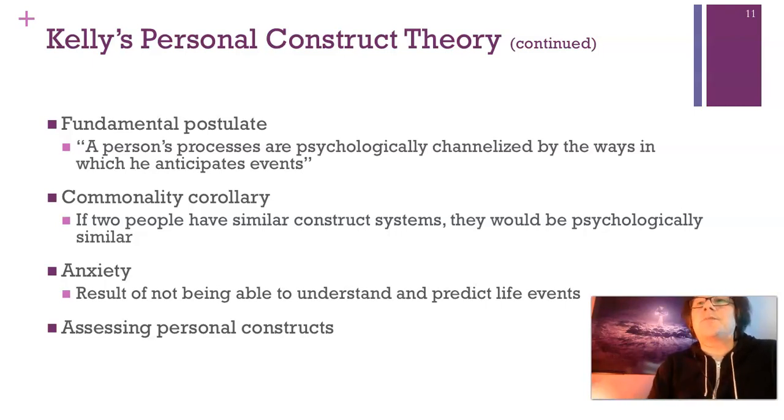For example, if two people have similar construct systems, they would be psychologically similar. That is, they would have a commonality corollary. So some couples might be quite different in lots of ways, but if their personal construct systems are similar, then they are likely to get along pretty well.